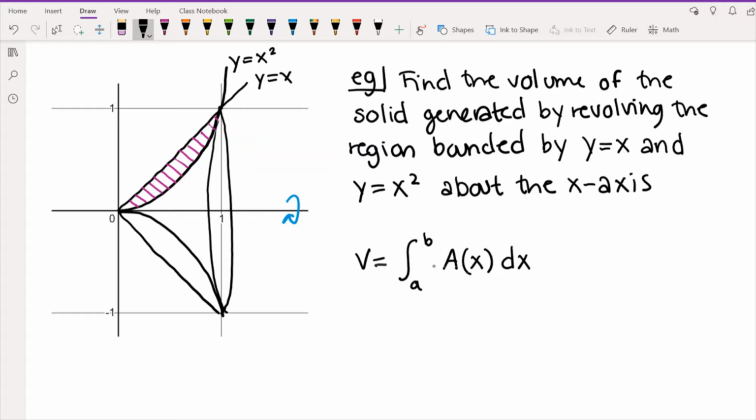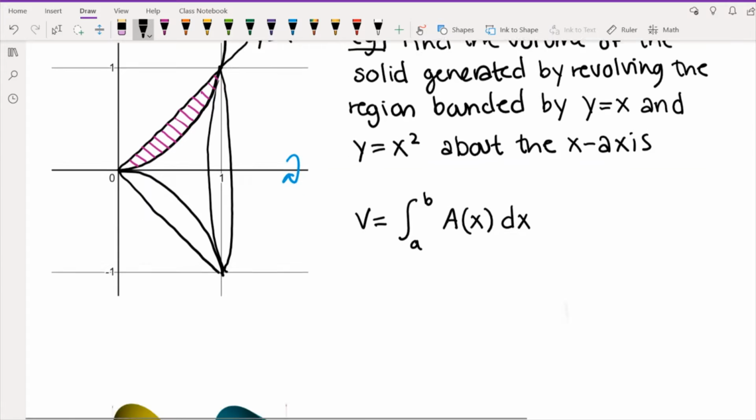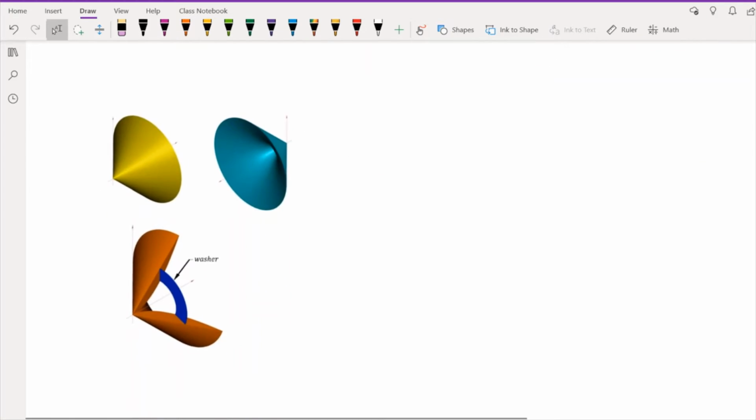In the last video, instead of using this area function, we just said pi r squared, because that was how you found the area of a disk. In this case, because the cross sections are not disks, they're washers, we're going to have to do something a little bit different to find the area.